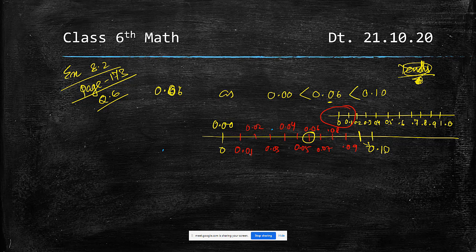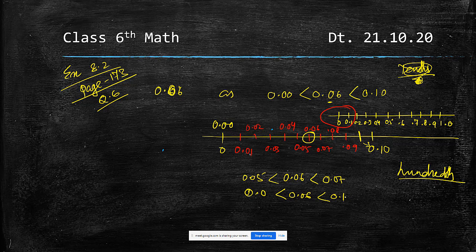Understood? If we calculate about the hundredths place, then this 0.06 will be in between 0.05 and 0.07. But we are taking the tenths place, so we write 0.0 is less than 0.06, meaning this number lies between 0.0 and 0.1.